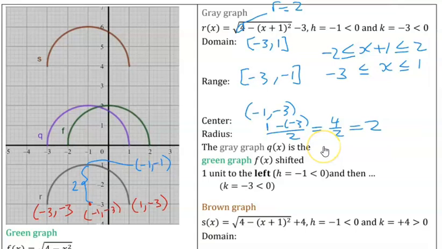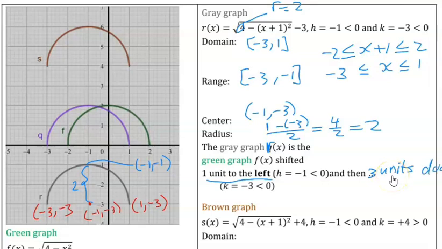So the grey graph, Q of x, in this case it should be R of x. The grey graph, R of x, is then the green graph shifted 1 unit to the left, because h is -1, and then 3 units down.